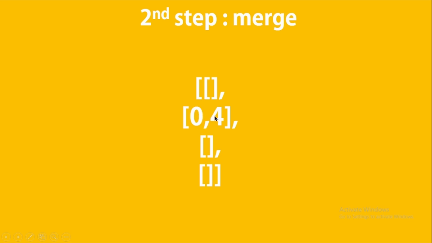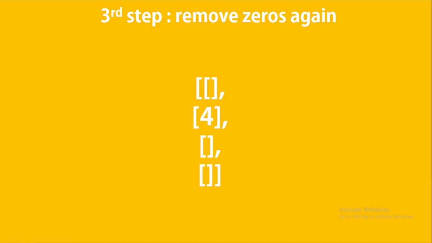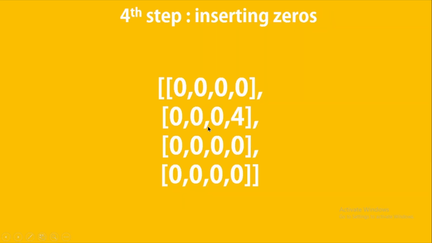And the third step is removing zeros. So we remove zeros again. And the fourth step is to insert zeros. So we're going to insert zeros at the first index, in order to make it at the right. So that's all of moving right. Now let's go and implement this in code.